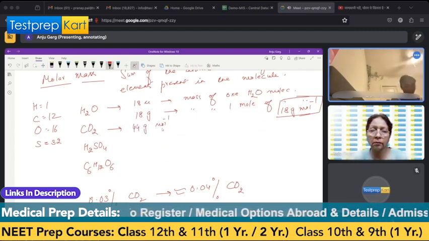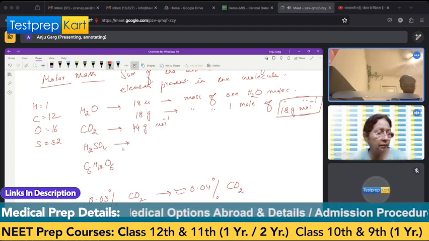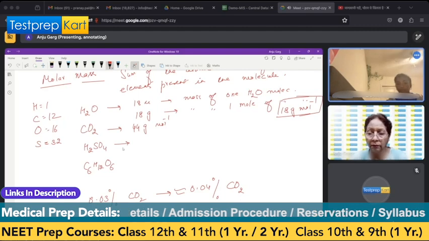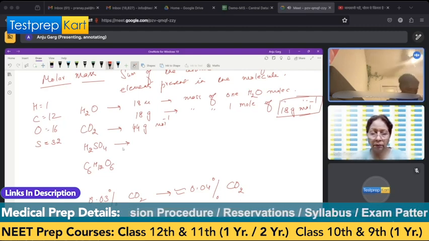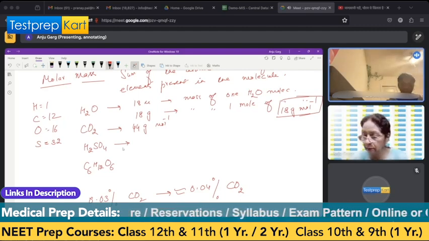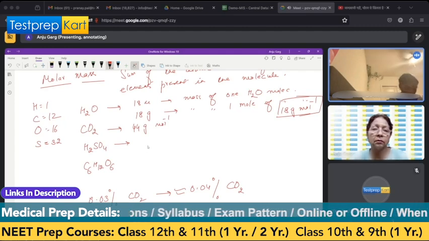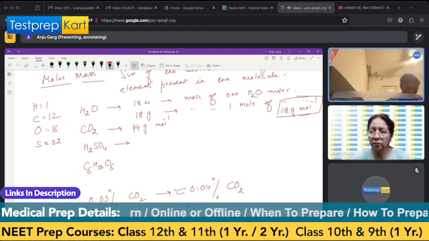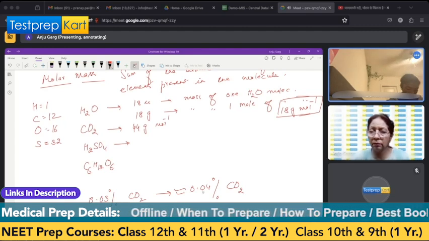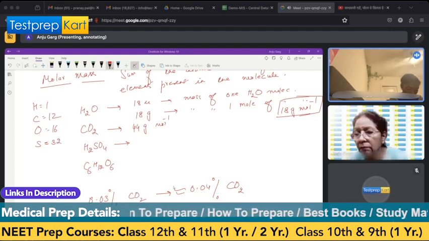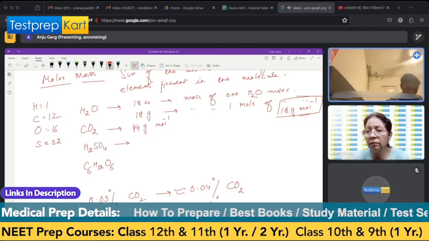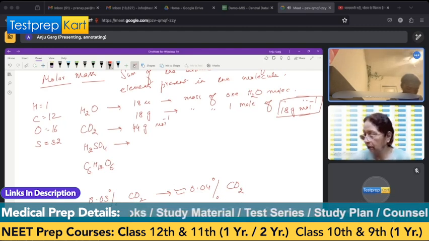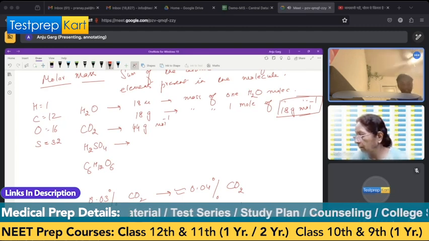Sulfuric acid. 2 times 1 is 2, 32, 64 plus 34 is 98. Again check.